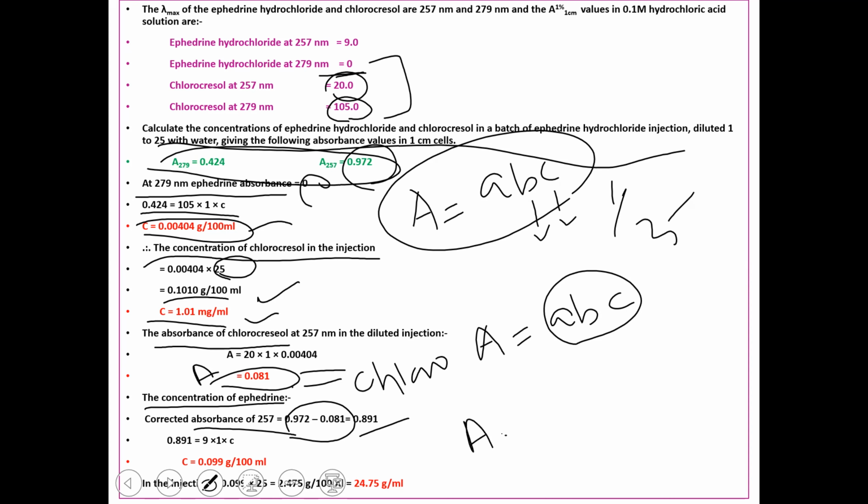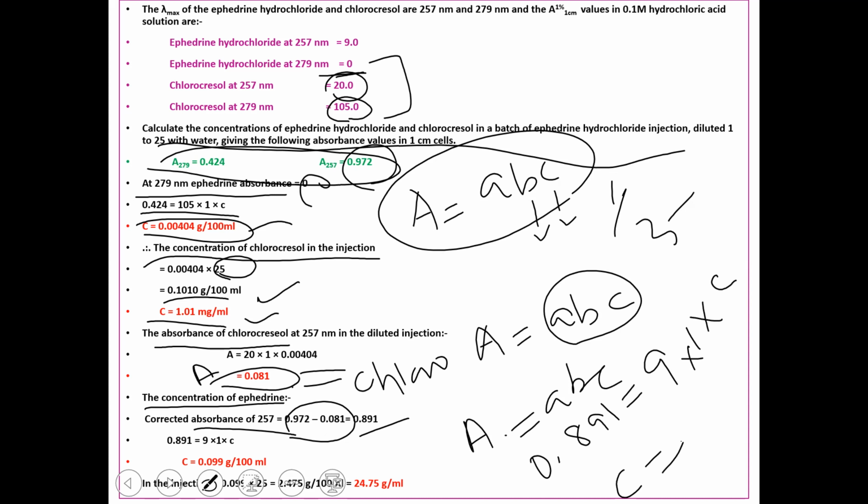So A is equal to ABC, same formula. Always you should incorporate. So A is nothing but the corrected absorbance 0.891, which is equal to small a, which is the A 1% 1 centimeter value for ephedrine at 257 nanometer, 9, into 1, into concentration.